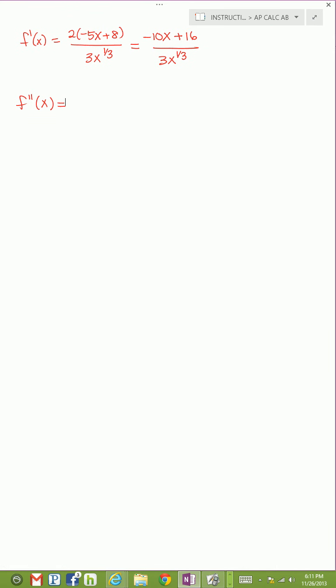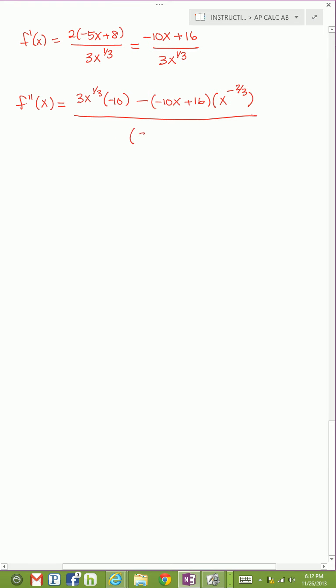Okay, so low d of high minus high d of low, this is going to be ugly, just warning you all, all over low squared. So this forces us to look at a lot of algebra, which is probably good for many of you.